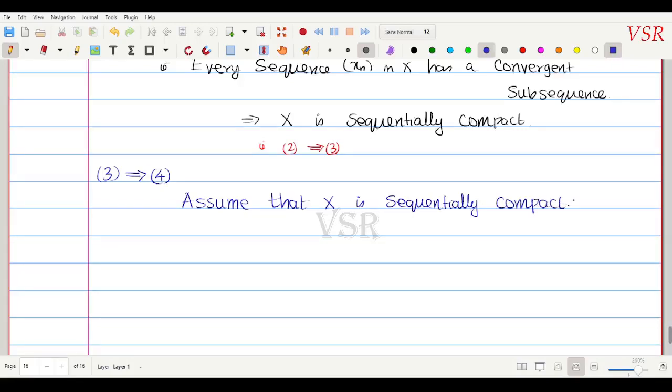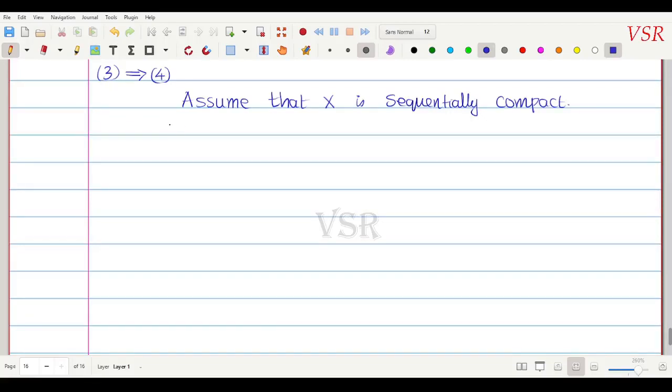Now to prove that X is totally bounded and complete, we are going to show that X is totally bounded and complete.